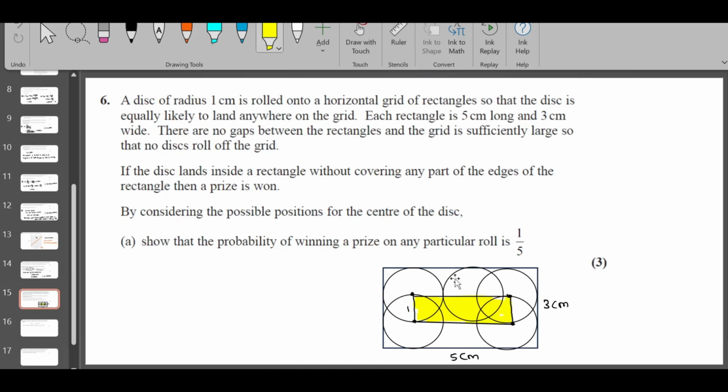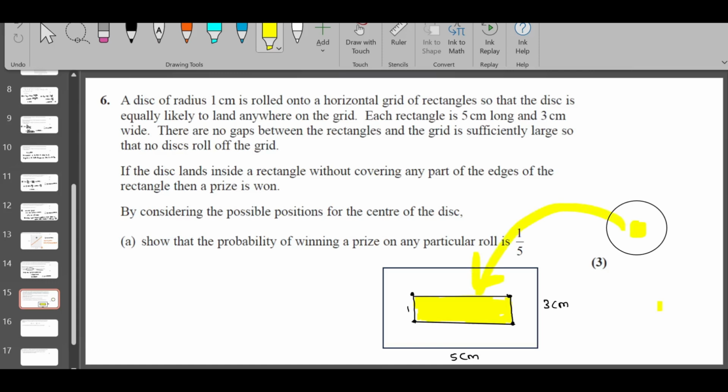Think about it. Let me just delete the extra discs actually. The disc can land here, here, here, here, anywhere you get a prize. That means the center of the disc must be inside the yellow rectangle. The moment the center is outside, it's going to cover the edge and you won't get the prize, correct?